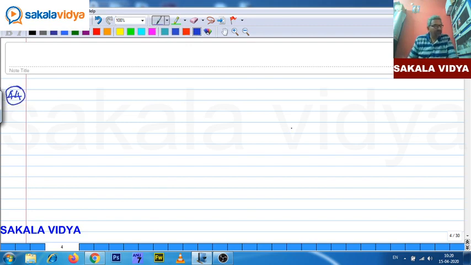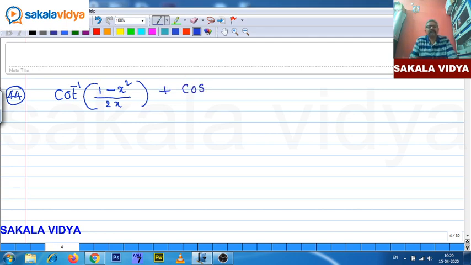Forty-four. Cot inverse of 1 minus x square by 2x plus cos inverse of 1 minus x square upon 1 plus x square equals 2 pi by 3, where x is greater than 0 and x does not equal 1.